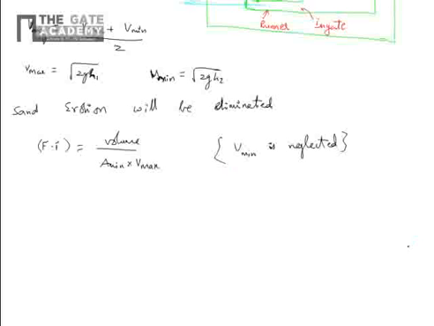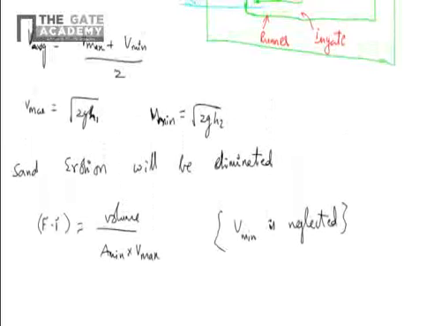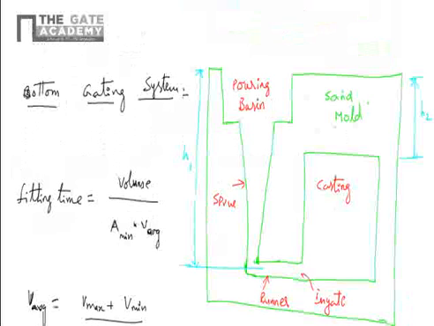Generally they won't give both answers; if you try with V average and with V max, one of the methods will give the answer, and both won't. That's what I am sure of. Okay, this is about the bottom gating system.